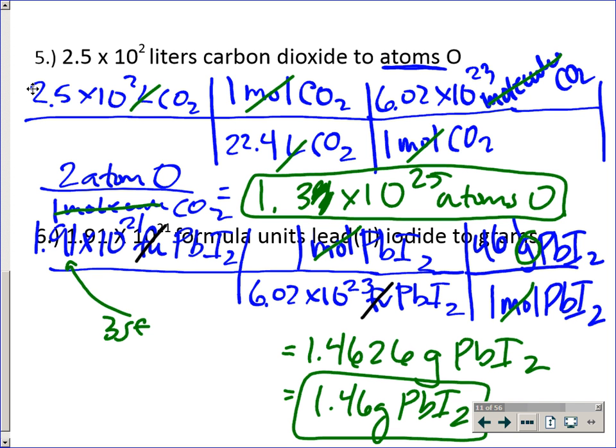Who doesn't have a partner? Somebody needs to get the scale up and going. You need to zero out your scale first, of course. Zero out your scale first.